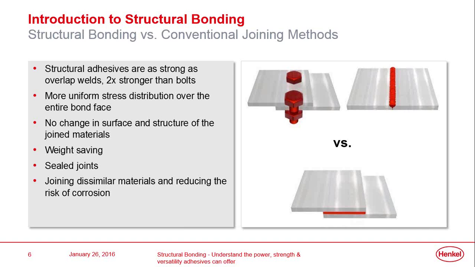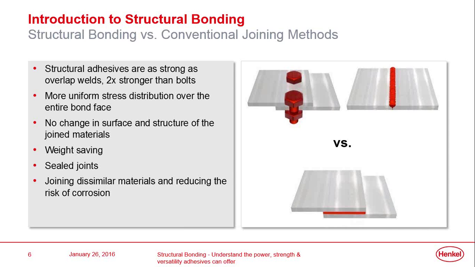And the other advantage with adhesive bonding, of course, is that we're not doing any damage to the materials that we're joining. So we can take 2 pieces of aluminium or steel or any combination of these metals.